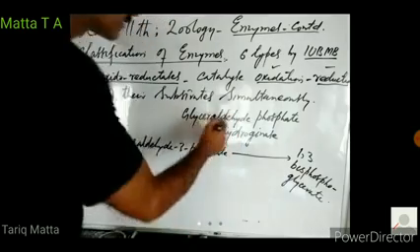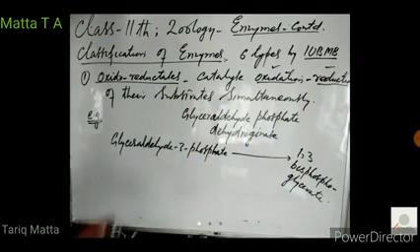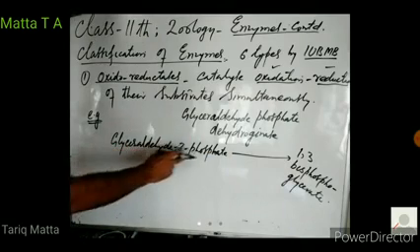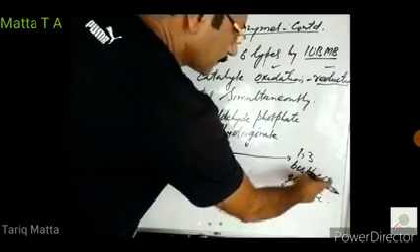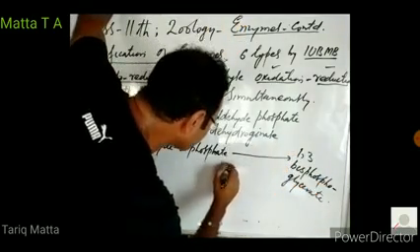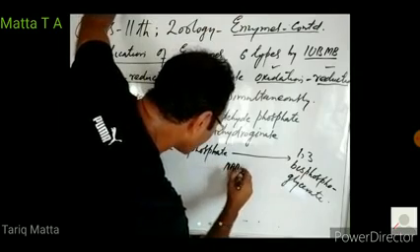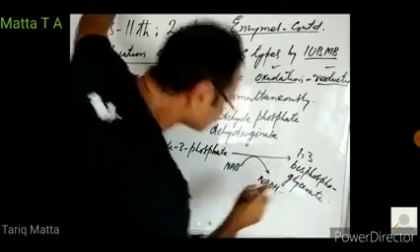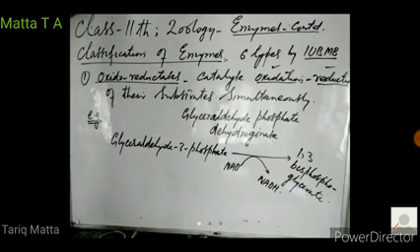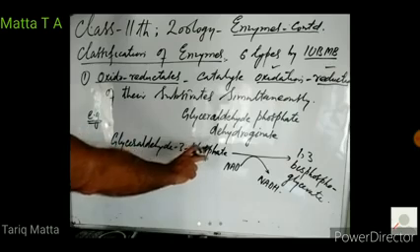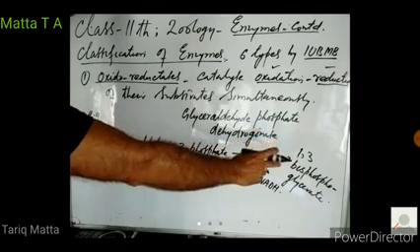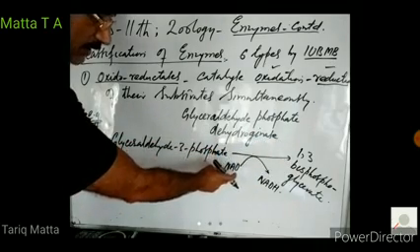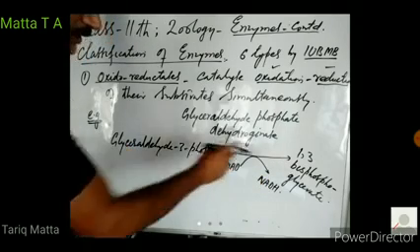So we have the enzyme glyceraldehyde phosphate dehydrogenase. What is its action? It oxidizes glyceraldehyde 3-phosphate to 1,3 bisphosphoglycerate, and simultaneously it reduces NAD to NADH. So it has two substrates. Glyceraldehyde 3-phosphate is converted into 1,3 bisphosphoglycerate, and at the same time it reduces the coenzyme NAD to NADH, right?